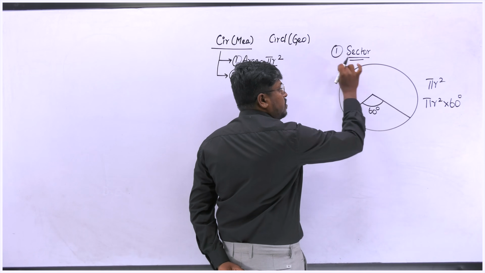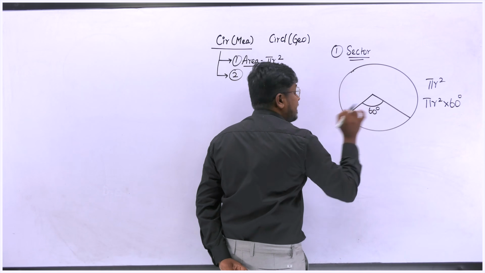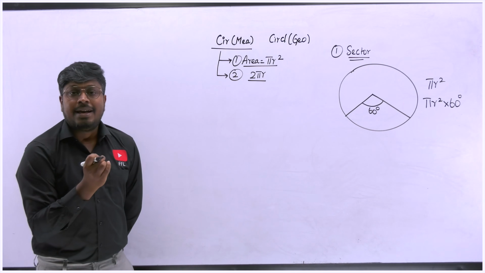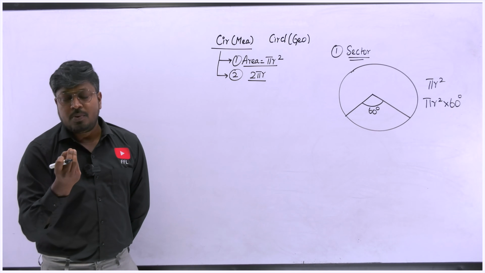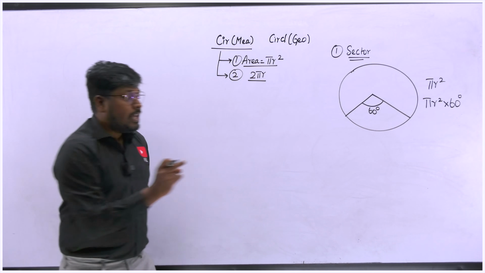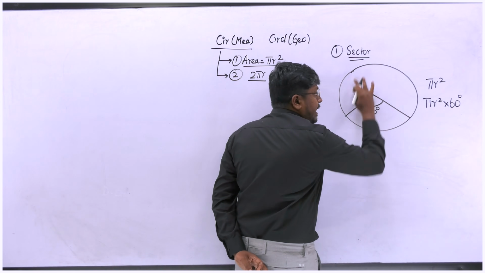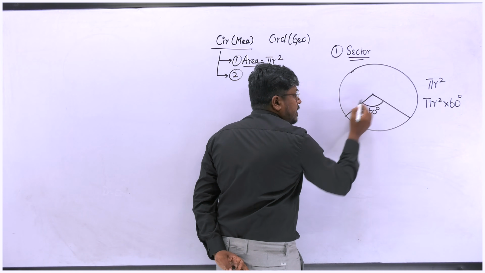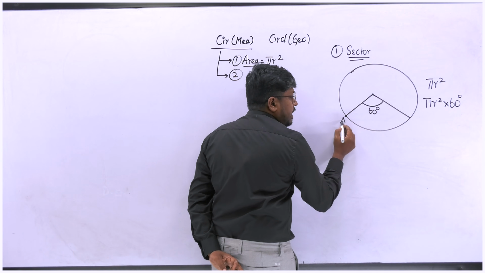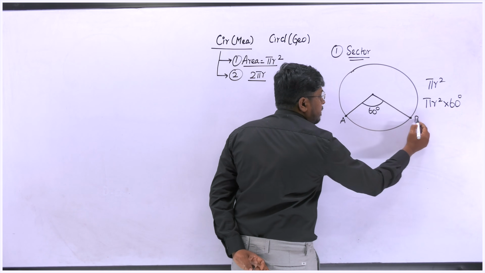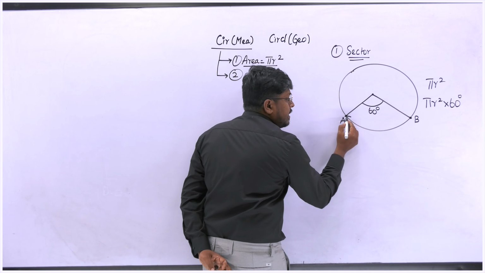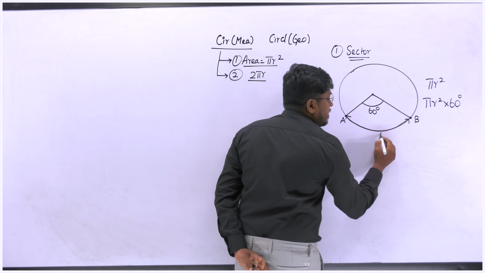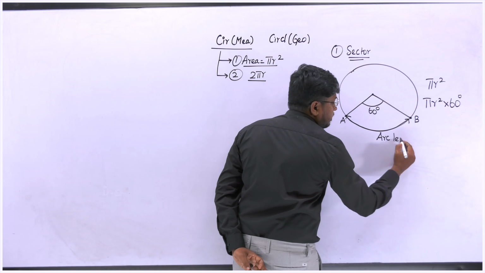So first, you should know how to find the area of the sector. And second, importantly, you should know how to find the length of the arc. So what is called an arc? If you draw a diagram like this, from the center point, this will be point A and this will be point B. This distance or length is called the arc length.